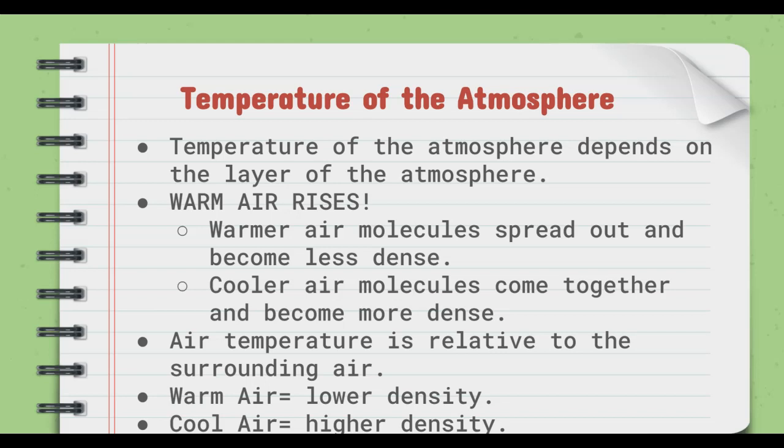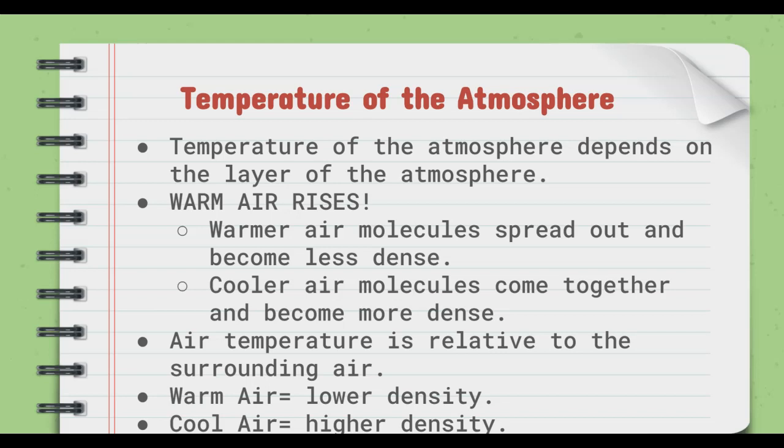One thing that you need to know is air temperature is relative to the surrounding air. So when I say warm air, it doesn't necessarily mean 70 degrees. It could just mean warmer air. It does depend on the air surrounding it.